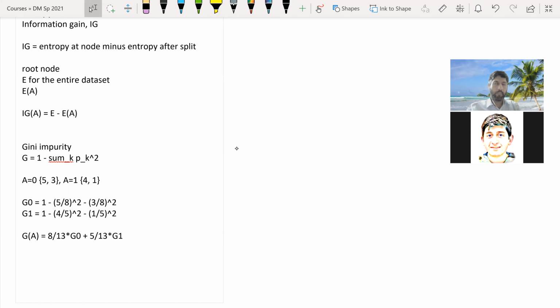There are of course a number of variations that are based on these two indices or these two measures. So I will mention one of those which is popular in practice. That is called the information gain ratio.